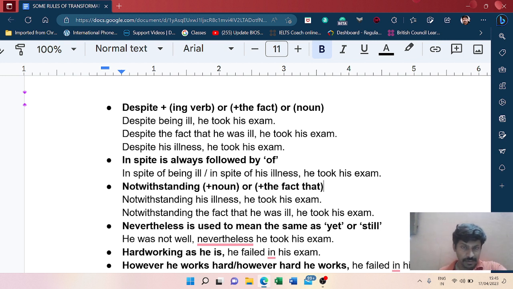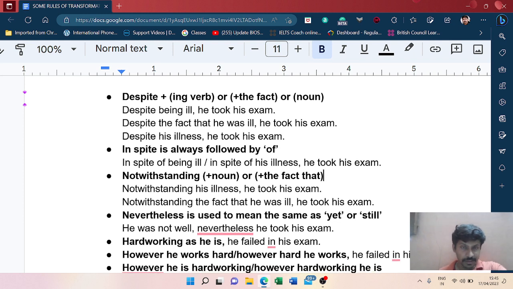Despite his illness, he took his exam. Illness is a noun. The first one, being ill, that is VING. The fact that he was ill, you have added the phrase the fact, and then comes illness, that is the noun. So in three ways, you can use despite.